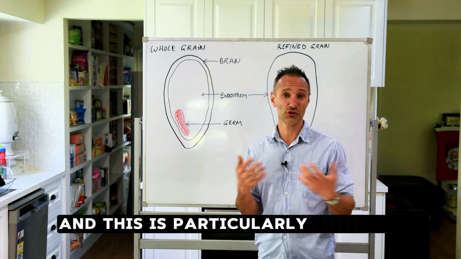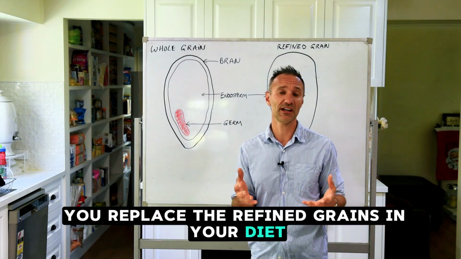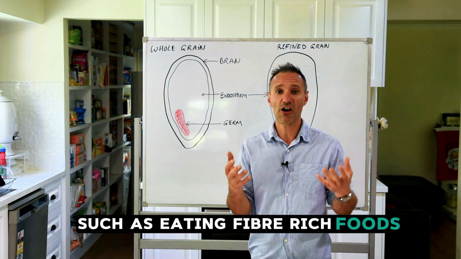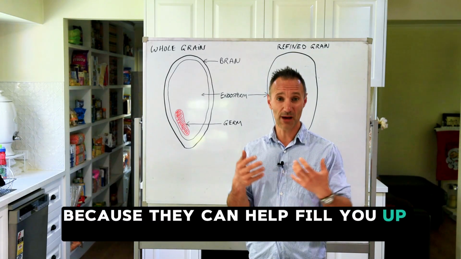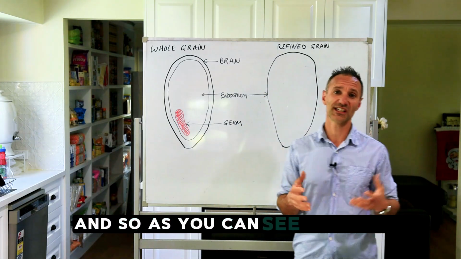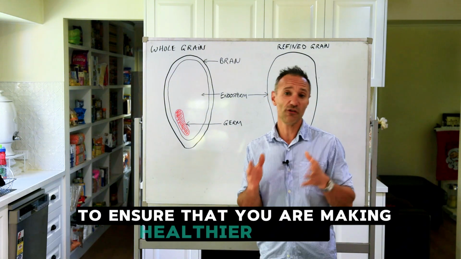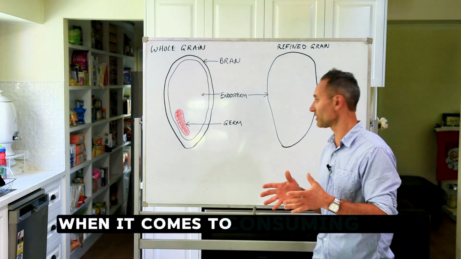This is particularly true when you replace the refined grains in your diet with fiber-rich foods, because they can help fill you up and prevent you from overeating. And so, as you can see, there are many reasons to ensure that you are making healthier choices when it comes to consuming grains.